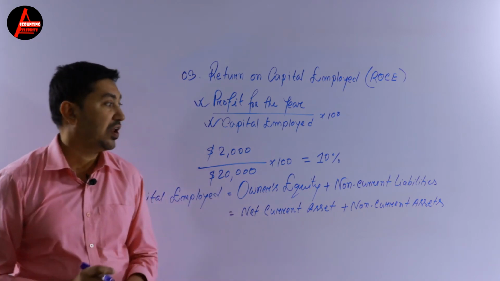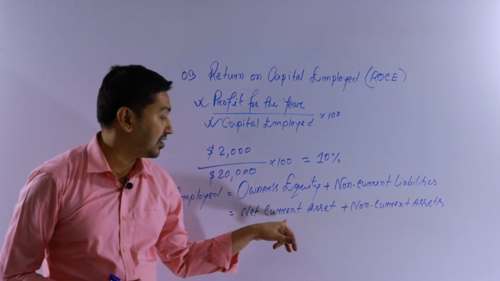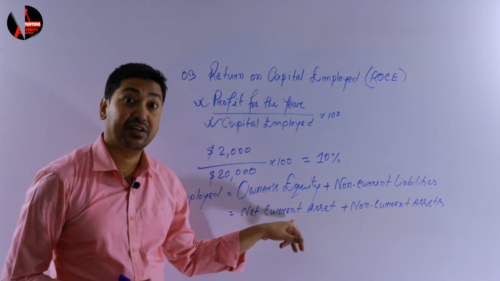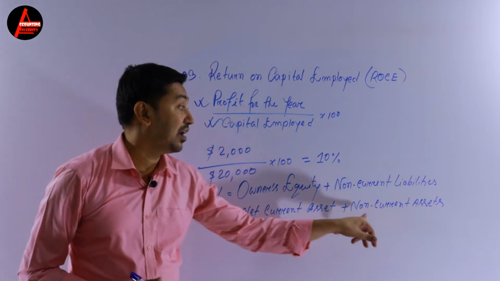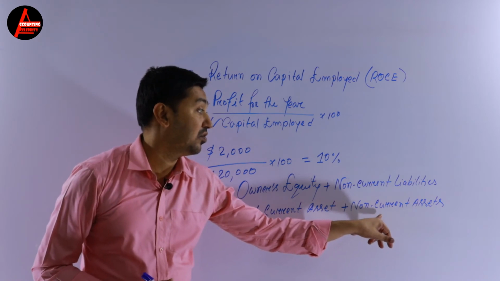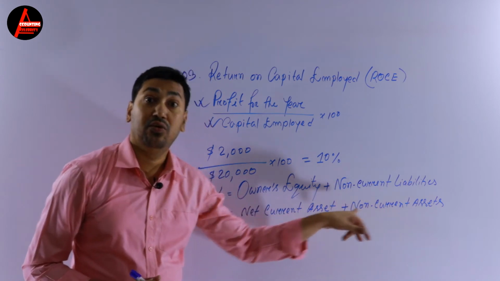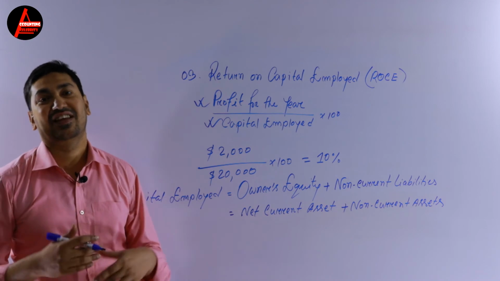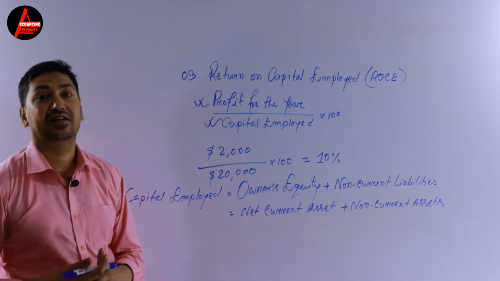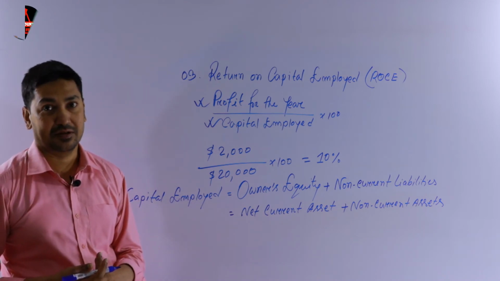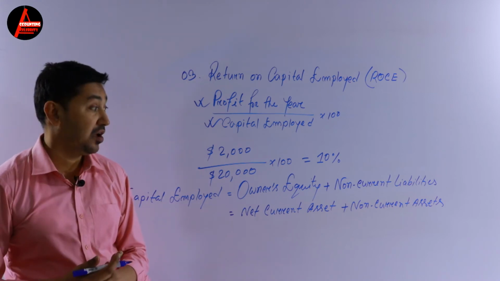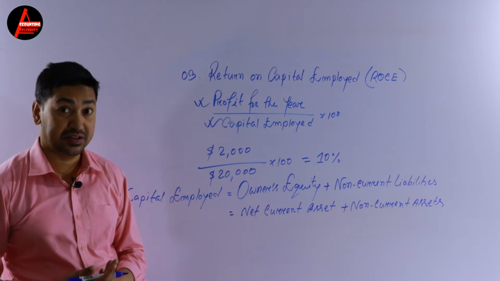So when you add your non-current assets with your net current assets, you will get the capital employed. By the way, what are non-current assets in the business?